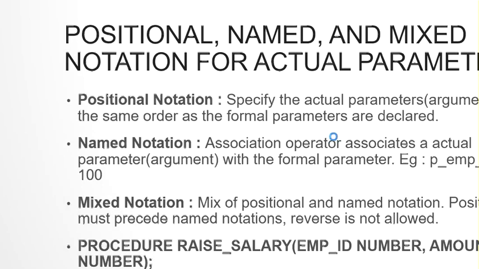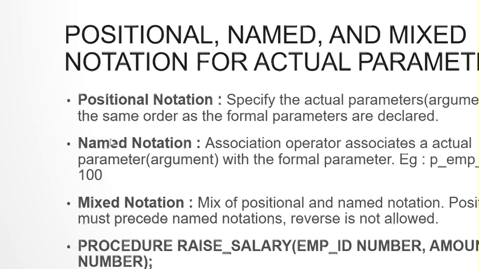Suppose the procedure is raise salary and it has empid number and amount number as input. We would execute it like: execute raise salary, and pass 101. So this 101 will be associated with employee id, and then the amount, that is 3000, will be associated with amount.